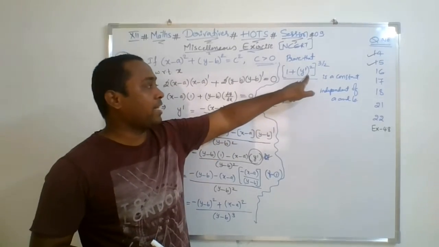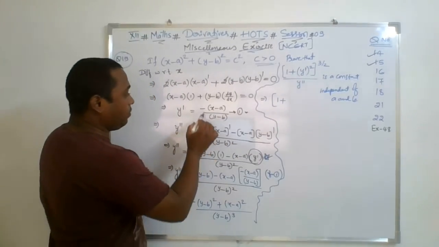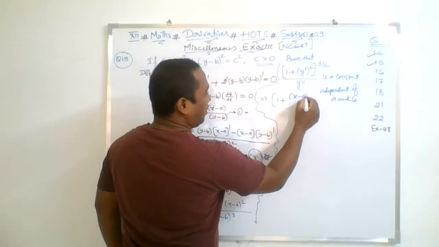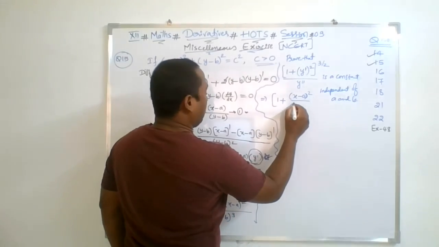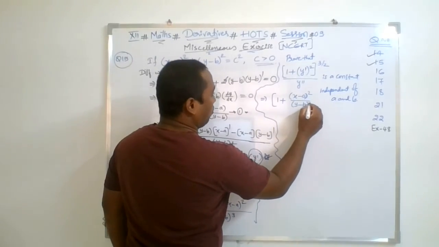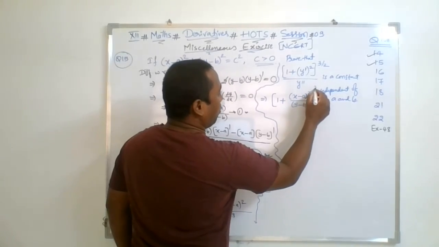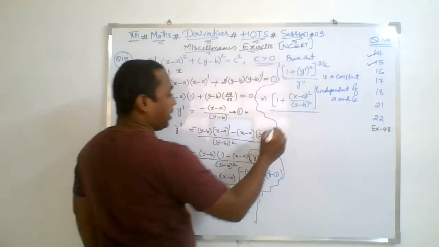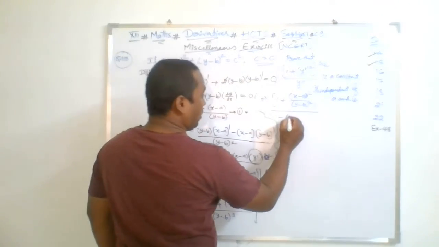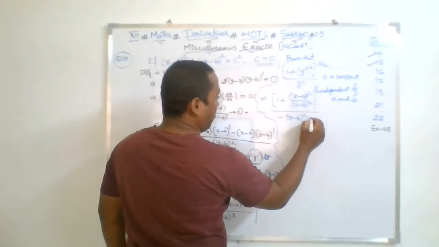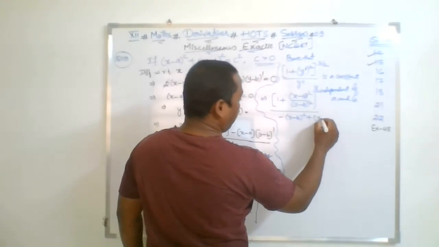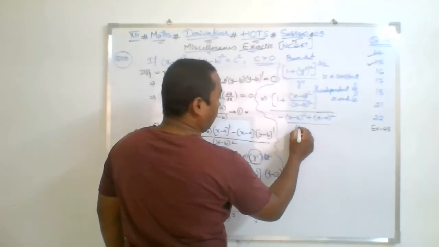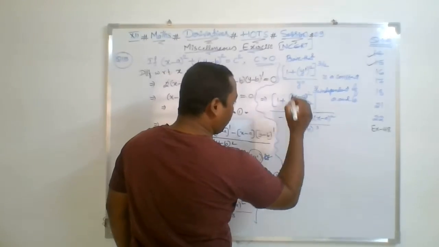But we required y dash square, so squaring on both sides, it would be (x minus a) the whole square by (y minus b) the whole square, whole to the power of 3 by 2, upon the y double dash answer I am writing: minus of (y minus b) the whole square plus (x minus a) the whole square, upon (y minus b) the whole cube.